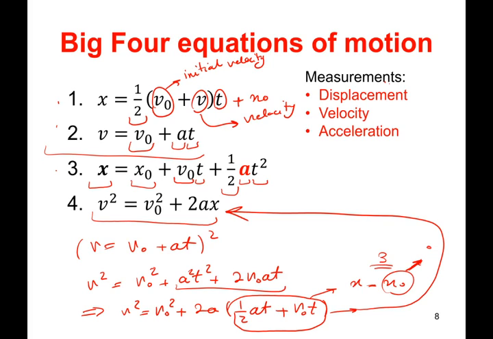Okay, so using these equations, you can actually find the displacement, the velocity, and the acceleration. We can also measure all of these using an experimental apparatus, or using a device.